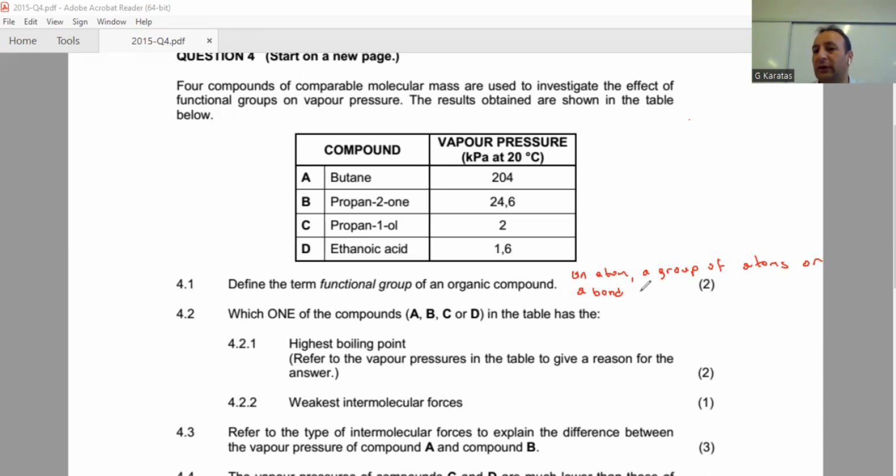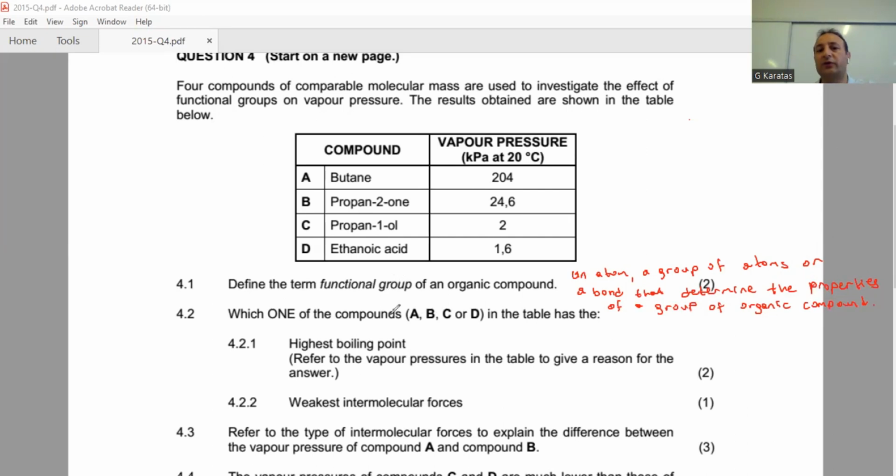They determine the physical and chemical properties of a group of organic compounds. That is the functional group.